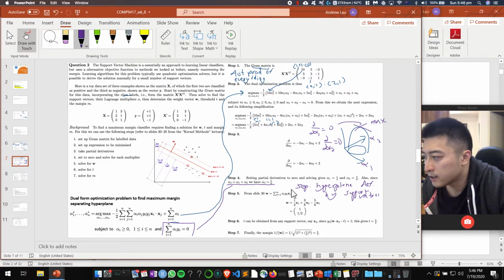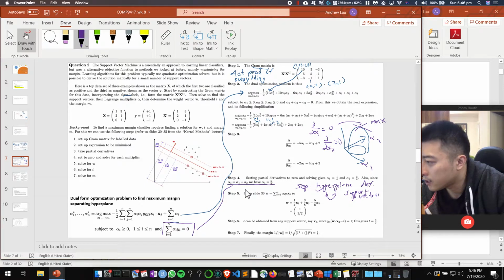Right. Now, this last step here says, so remember, w dot x vector is equal to t. Now, we've solved for w. I mean, this is w, so we've got w.